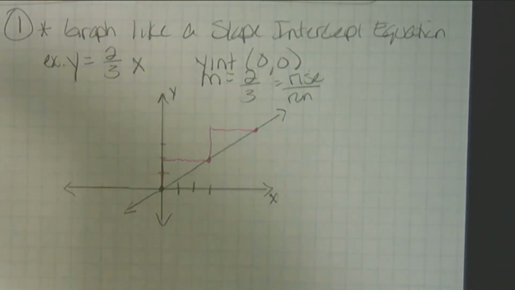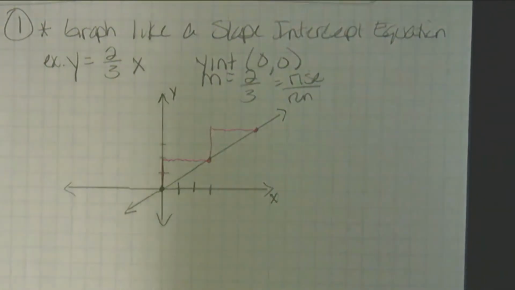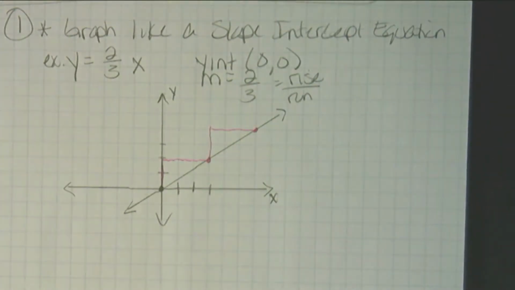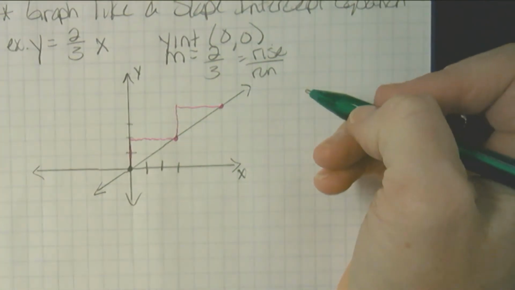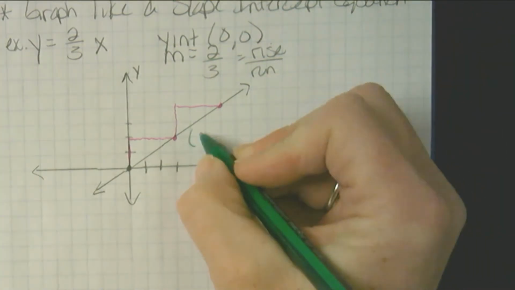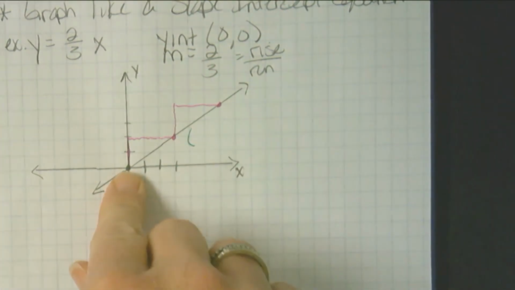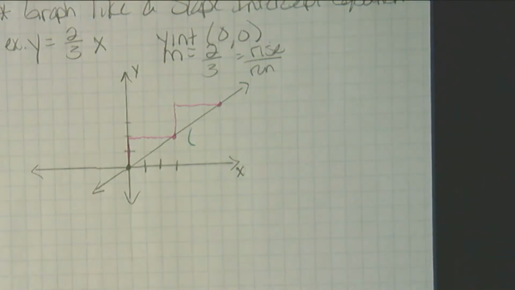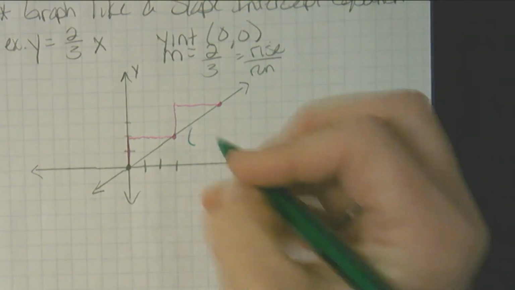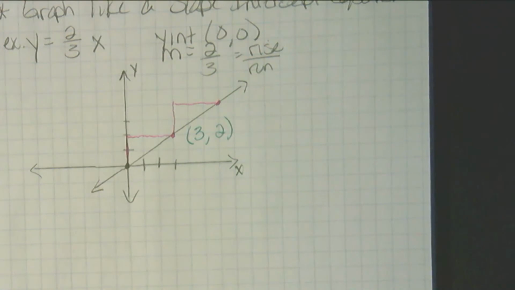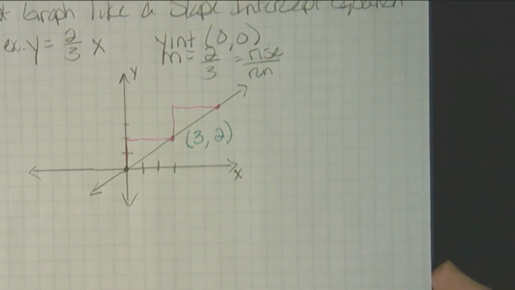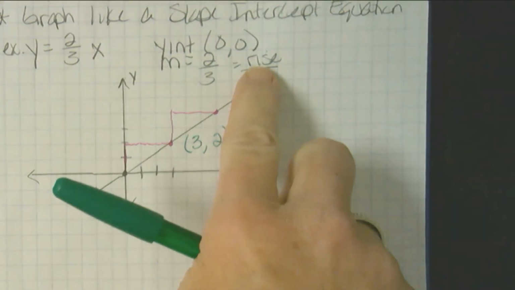All right, somebody tell me, what do you notice about our first point that we found? What is the first point we found? Giselle? No, other than the origin. After one slope, what's the first point that we found? Yep. Someone tell me, what does rise mean?